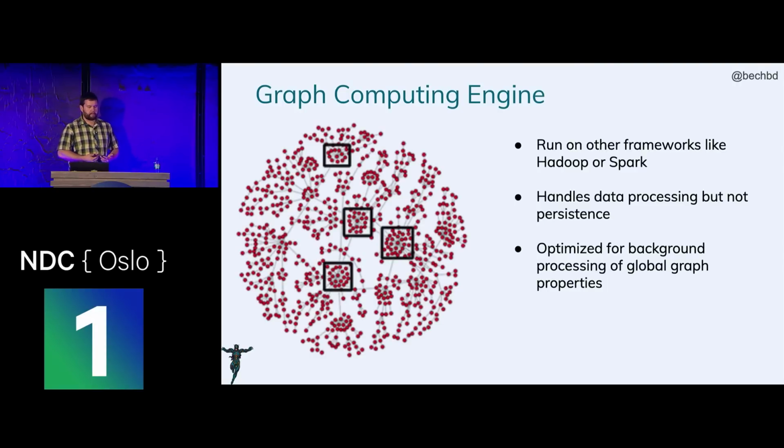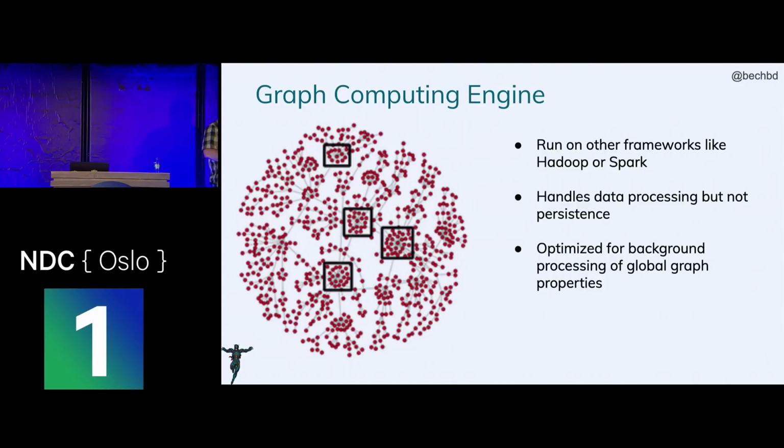This is really optimized for a couple of use cases. The big use cases are things like running background processes on graph data. This is a great use case. You don't necessarily have to bring a whole bunch of new infrastructure in. You can just add it into a project you're working on, and you're good to go. These are also really good for processing what are known as global graph properties.